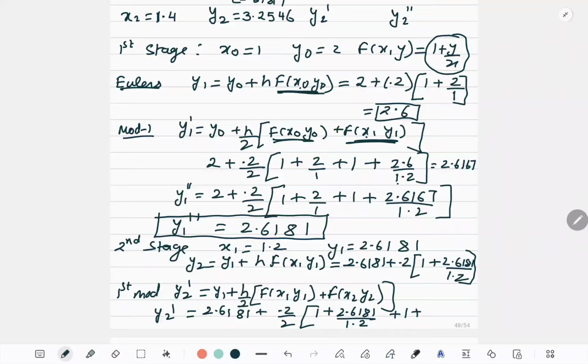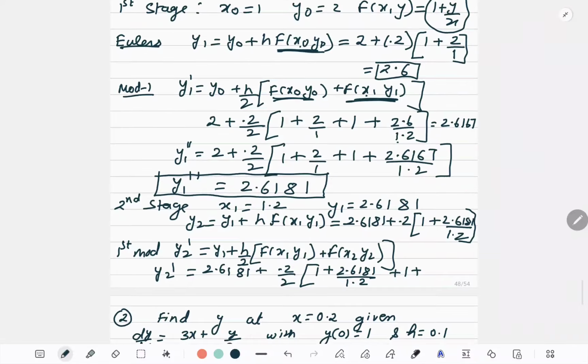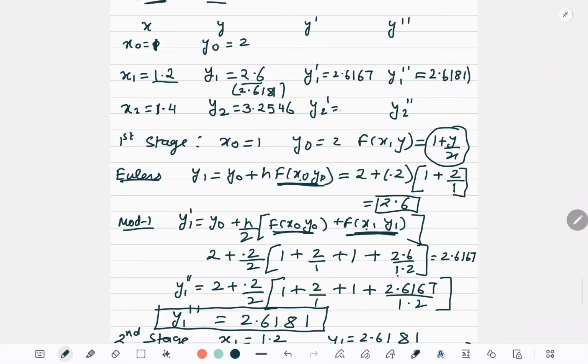Right? Now what is y2? y2 is the value which you have got by Euler's formula here. So what is your y2? See here, it is 3.2546 upon 1.4. Right? So this will give me the first modification, and my first modification value is 3.2689.